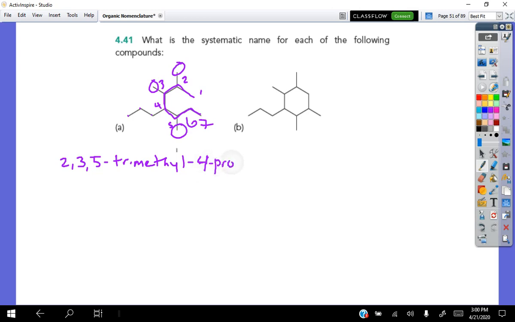For propyl, and then my parent chain. So my parent chain was 7 carbons long. This is heptane. And that is the complete name for compound A that we see here. All right.